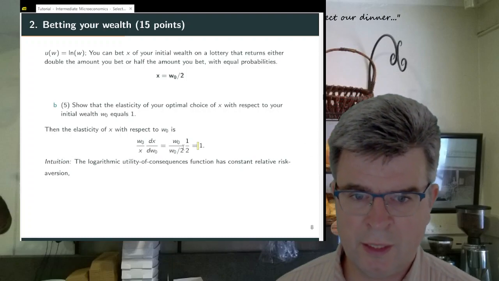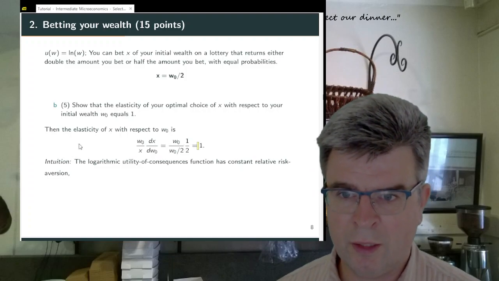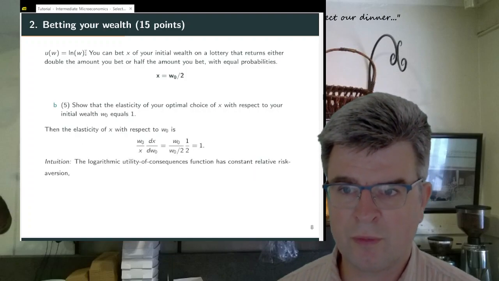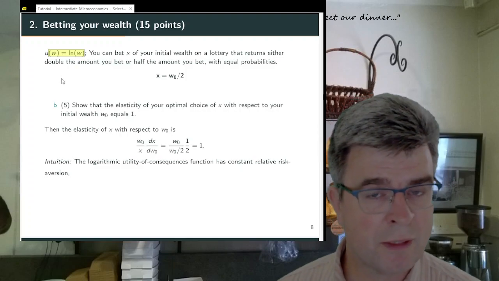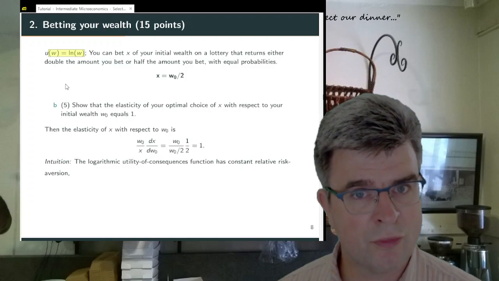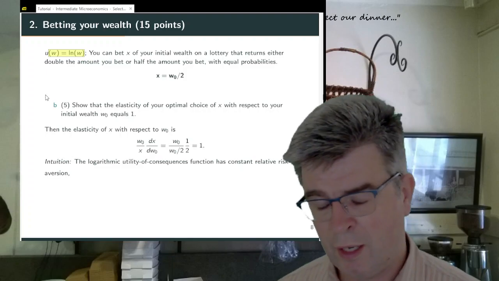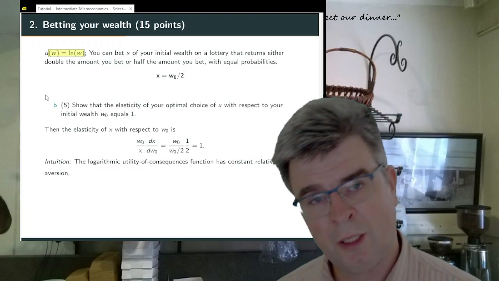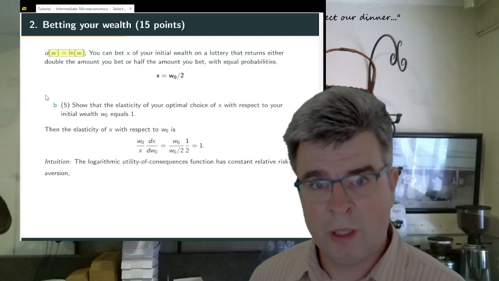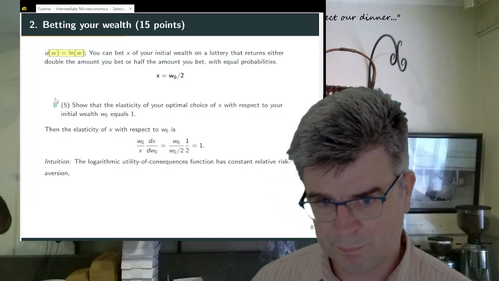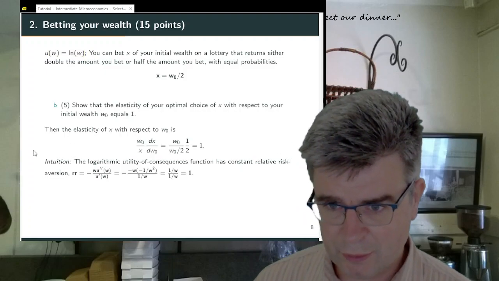And the intuition is that here we have the natural logarithm as a utility function, and that's a function that is characterized by constant relative risk aversion. So if our wealth doubles, we are also willing to double our bet. And we can see this.